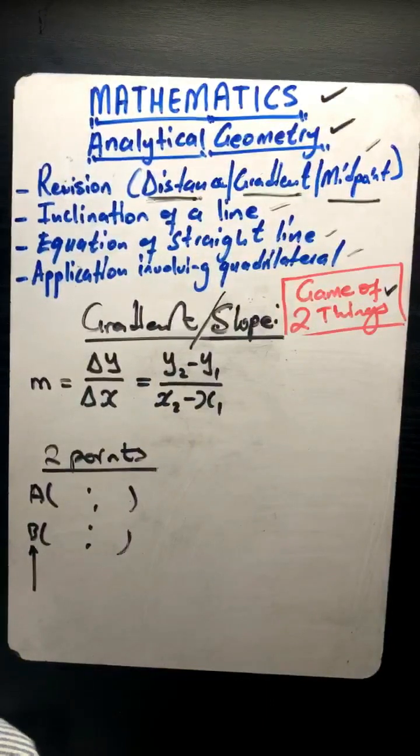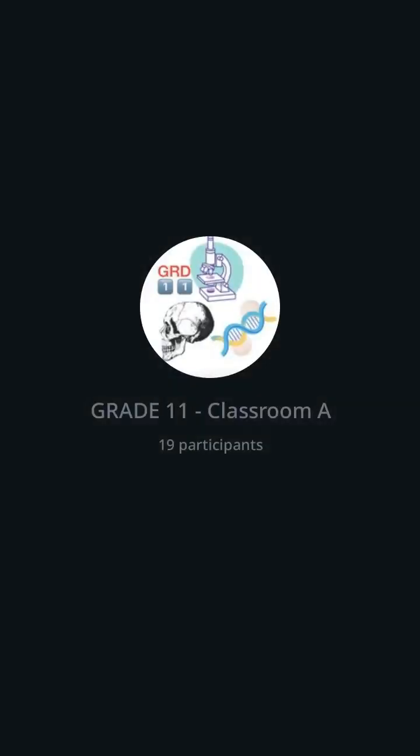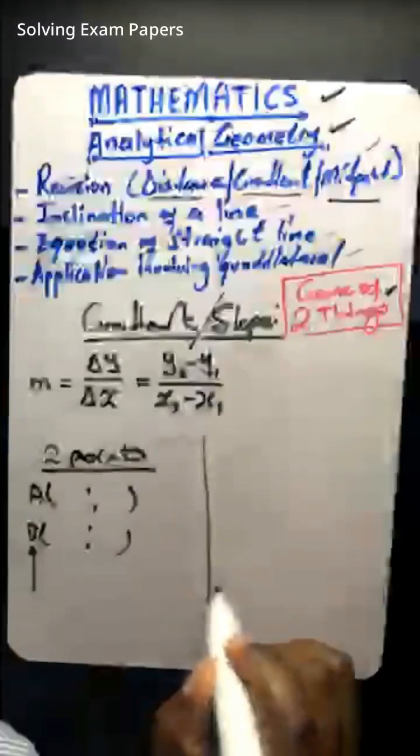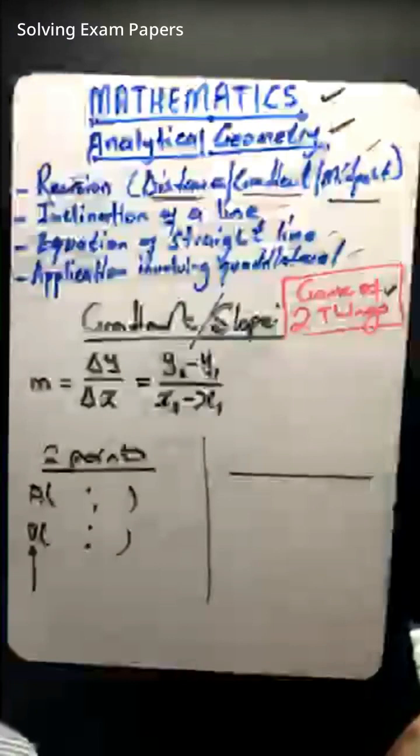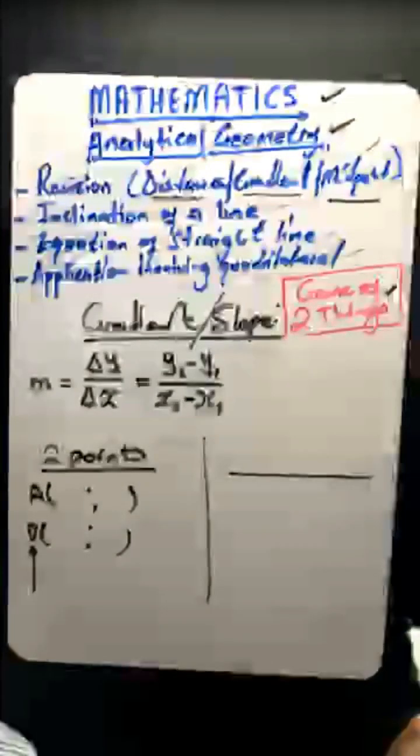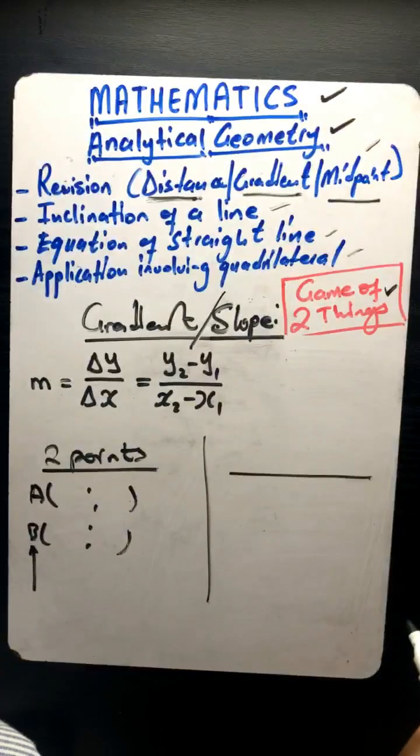So I had to do that just to remind you of whatever I'm doing there: signs, numbers, and letters. I'm pretty much sure that you are able to notice what I'm going to write there. Analytical geometry, a game of 2 things.